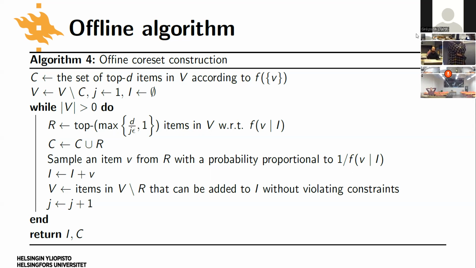Once you've done that, you start doing this loop where you select D divided by J epsilon items, where J is just a counter, and D and epsilon are the parameters.